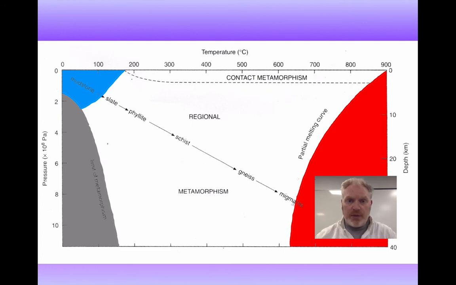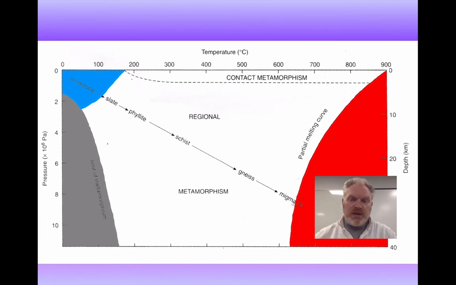It just doesn't happen. So there are no rocks at all that form within that grey area. What we're left with in the middle, this wide range of temperatures, this very wide range of pressures, is metamorphic rocks.